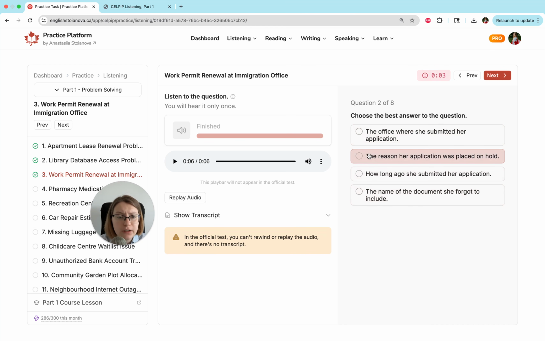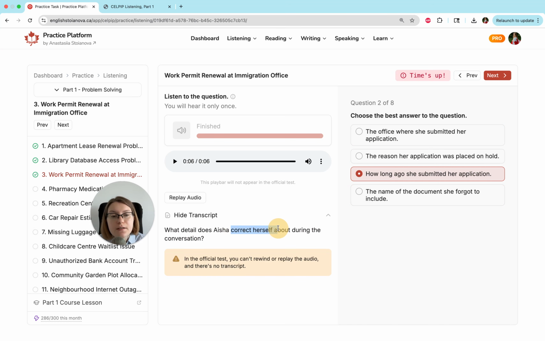It was actually, take a look at the ABCD here, the office where she submitted her application, the reason her application was placed on hold, how long ago, what the name of the document she forgot. Of course, how long ago, because she was talking about weeks, right? So she corrected herself, and that's the right answer.